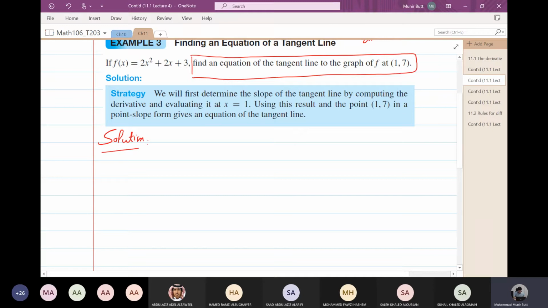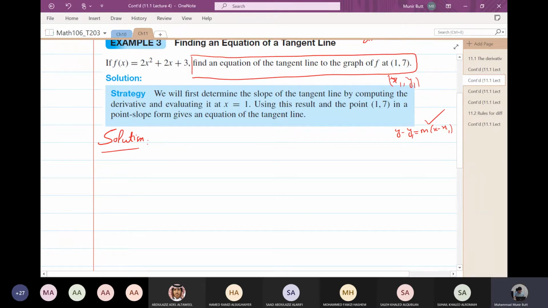Once you find the slope, using this point as x1, y1, we know the slope intercept form: y minus y1 is equal to m times x minus x1. Agree? Since the tangent line is a straight line, this will be the equation of the tangent line.